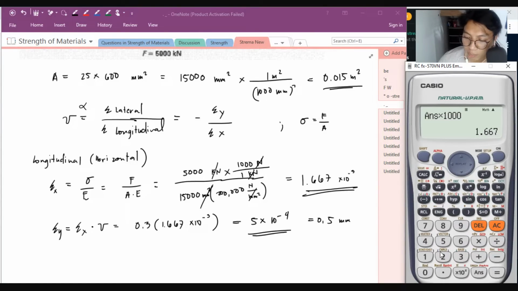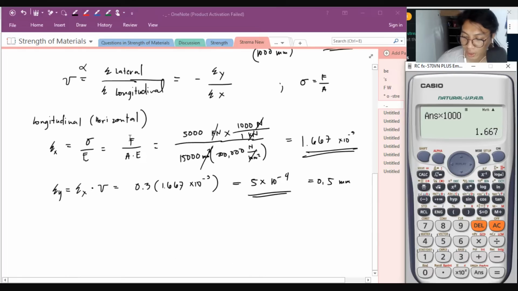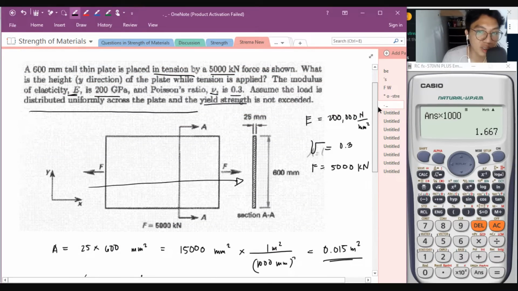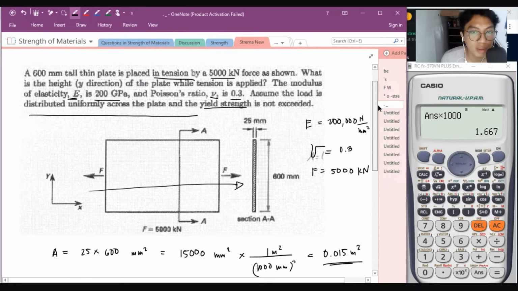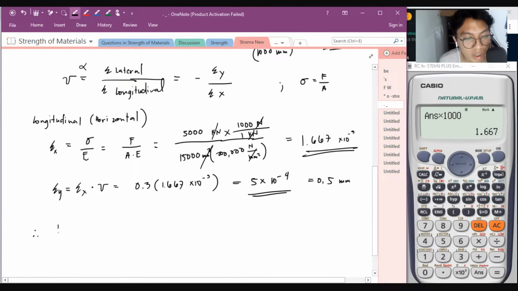Meter. Ngayon, paano natin makukuha yung hinahanap niya dito? Assume the modulus of elasticity. Okay. What is the height in y direction? Okay. Therefore, hanapin mo dyan yung lateral. Okay? Length mo dyan. Na yung length na binigay dyan, that is, may binigay ba yung length? 600 millimeter tall. Okay. Meron kang yung lateral length, that is y, 600, minus yung sa y.